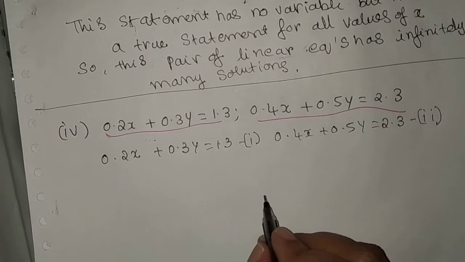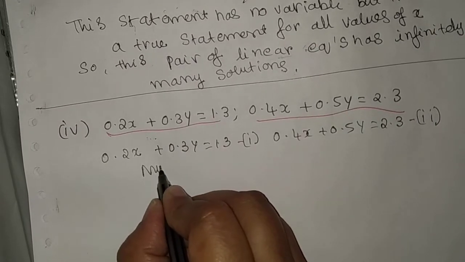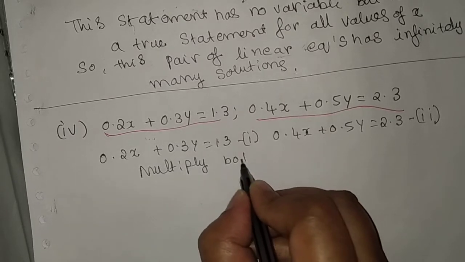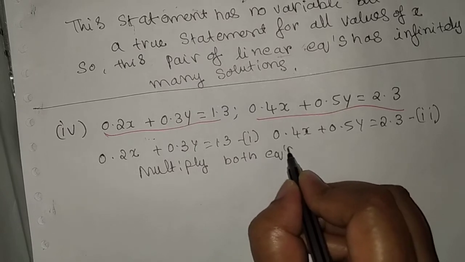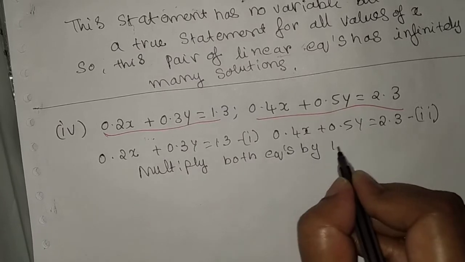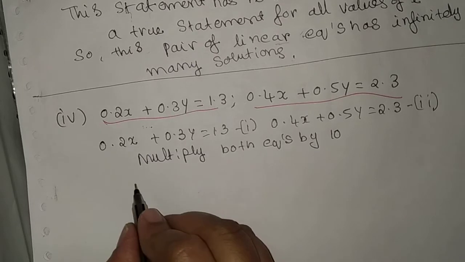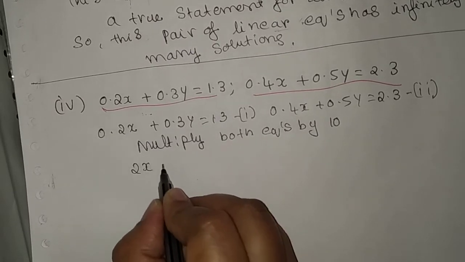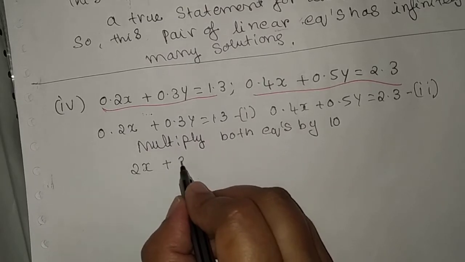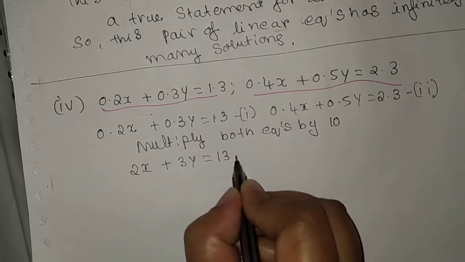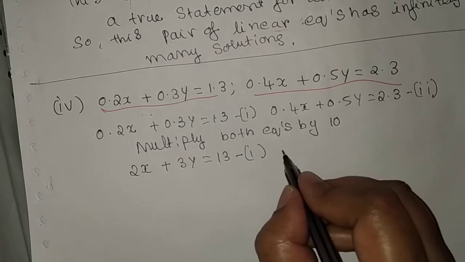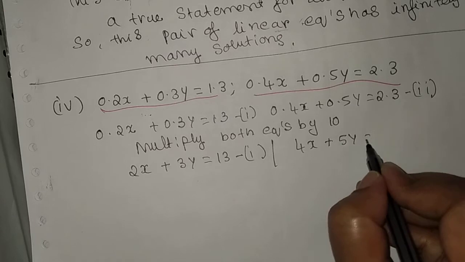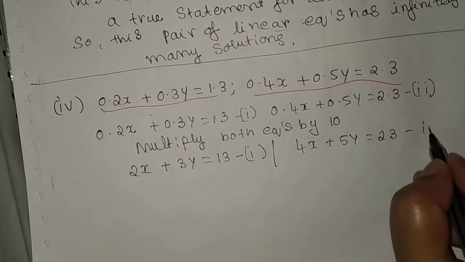To bring to integer form, just multiply both equations by 10. Then this becomes 2x plus 3y is equal to 13, this is equation 1. Next is 4x plus 5y is equal to 23, this is equation 2.